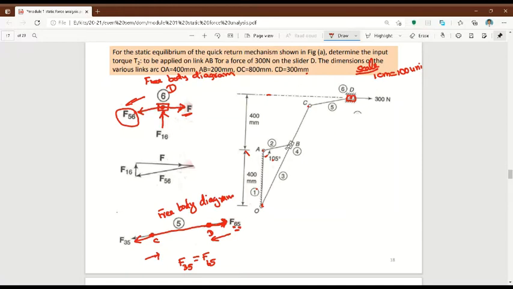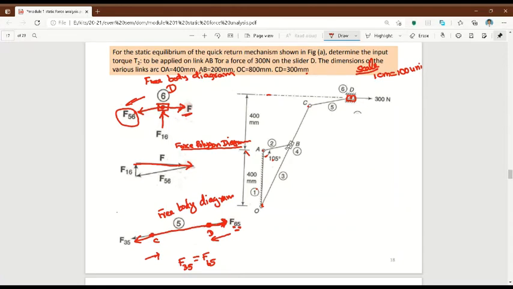Next, all the three forces are acting on one point, so I can draw the force polygon diagram. First, I know the value of F, so draw F. What is the value of F? 300 Newton.